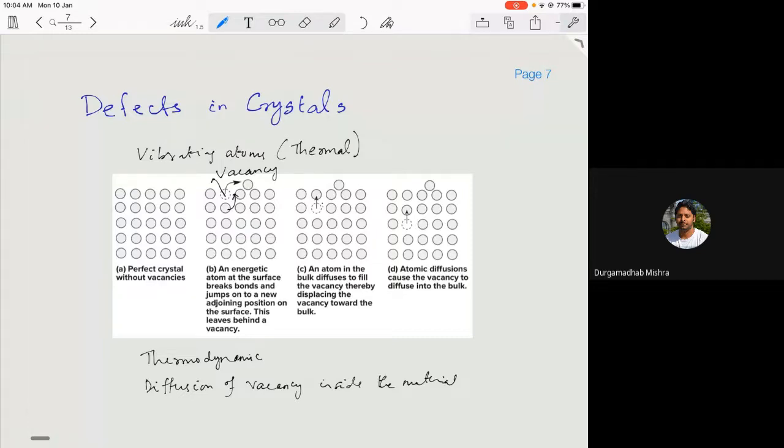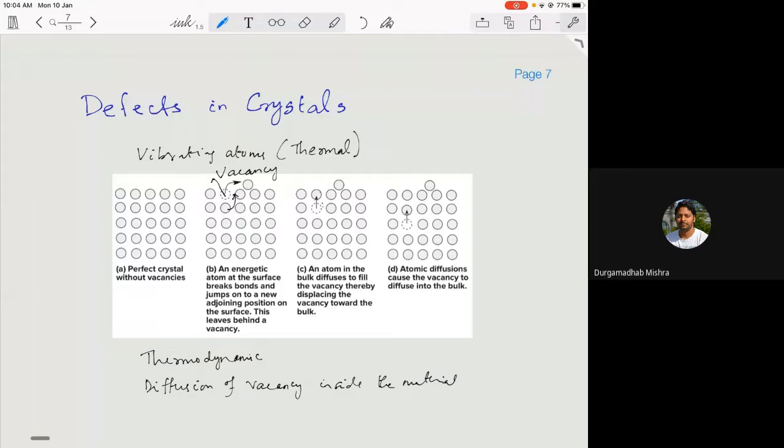And it might happen, it's like a statistical thing, that one atom gets a higher energy than the average thermal energy experienced by the atoms, and it gets displaced from its regular position, like shown in the figure B here.